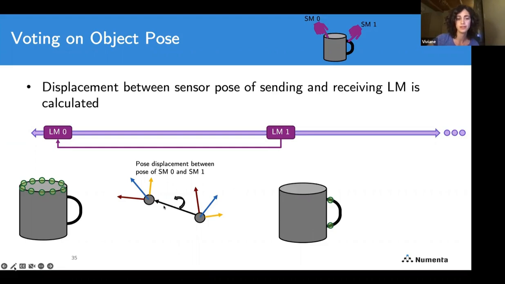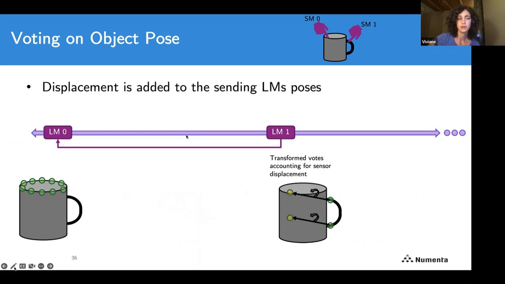So I have this displacement, location and rotation displacement. I transform the votes using this displacement. So basically saying, I think I would be on this handle, but given that your sensor is displaced by this location or rotation, you should be over here on the model.